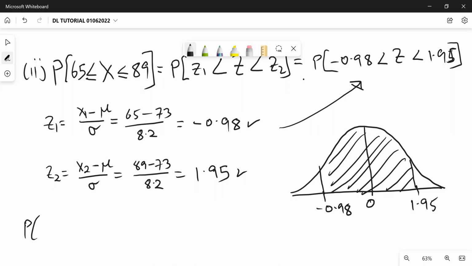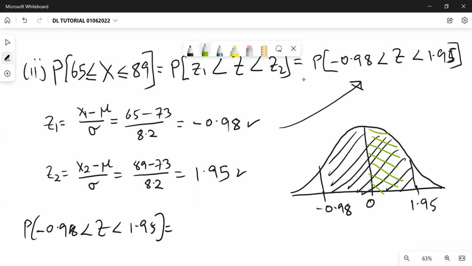So the probability that Z is between minus 0.98 and 1.95. I can start with the positive side. For the area above 0, you go to your tables and look for the area corresponding to 1.95.